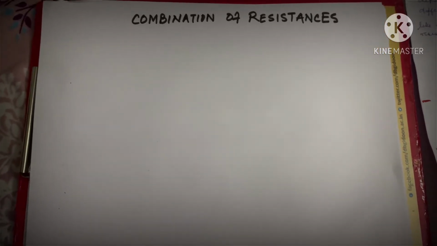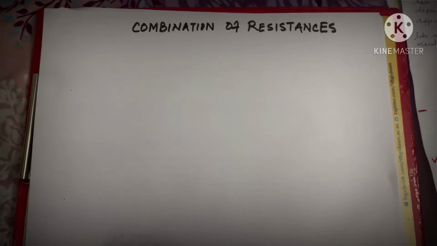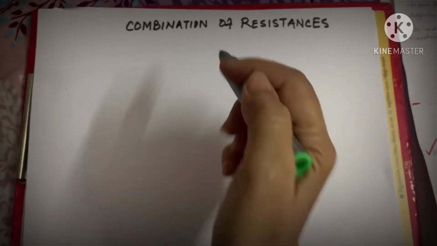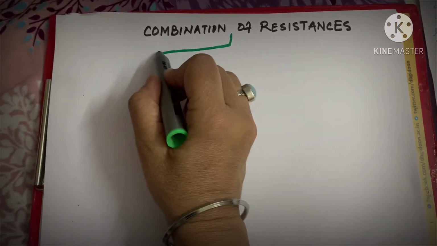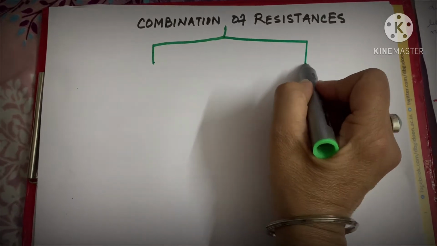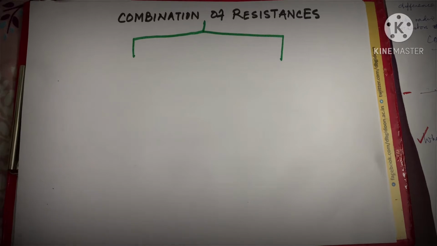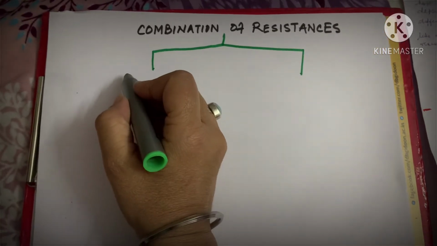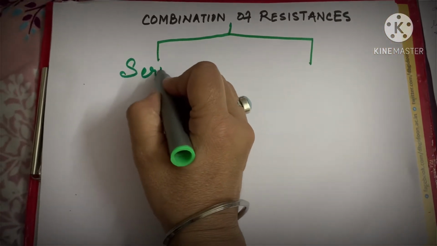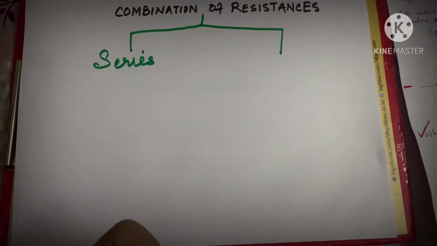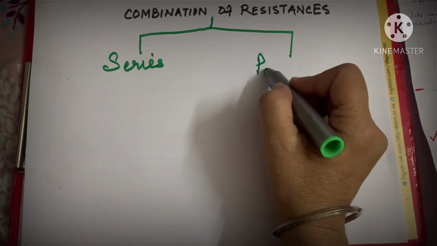connected in combination. So there are two ways of combining these resistances. Number one is series, and another one is parallel.